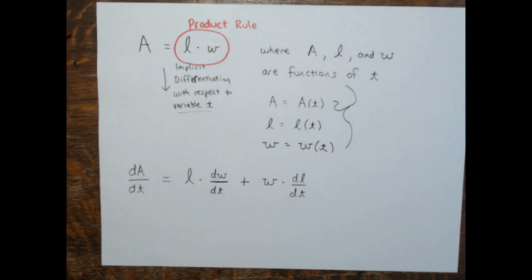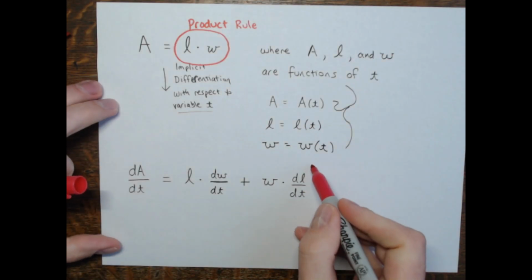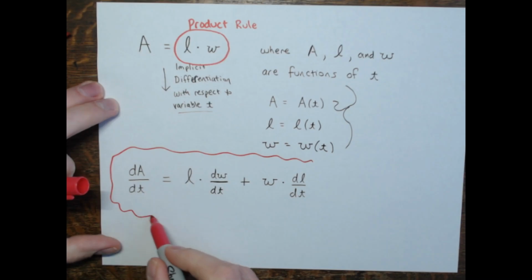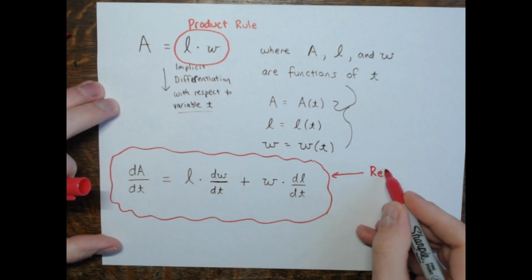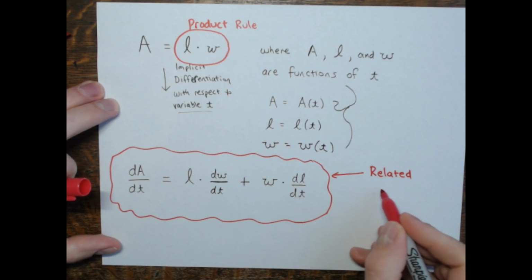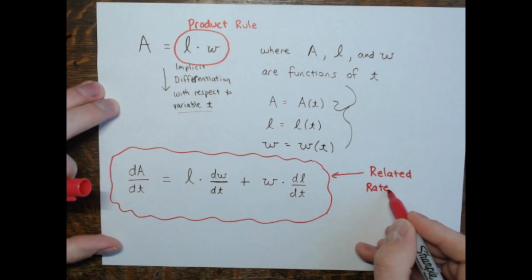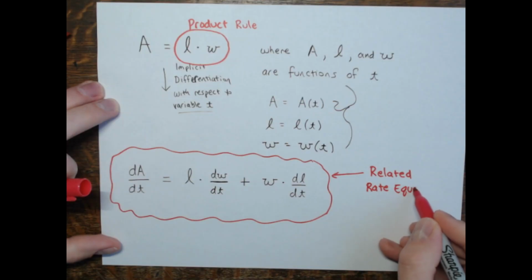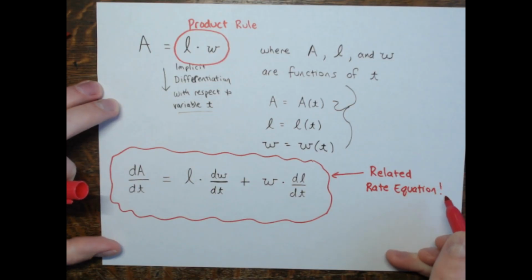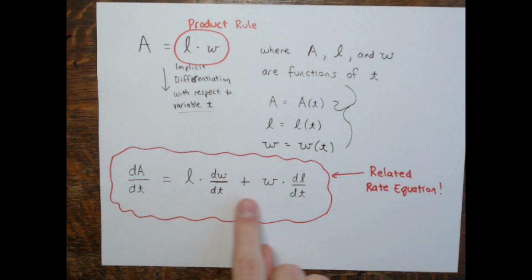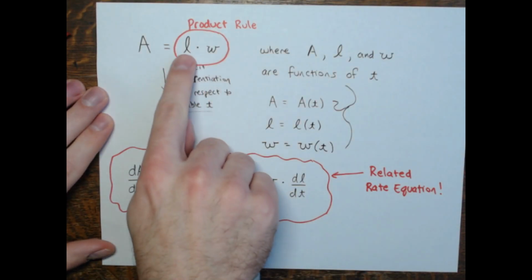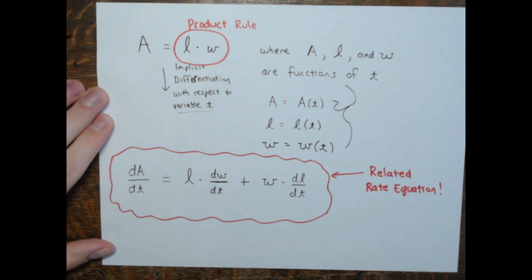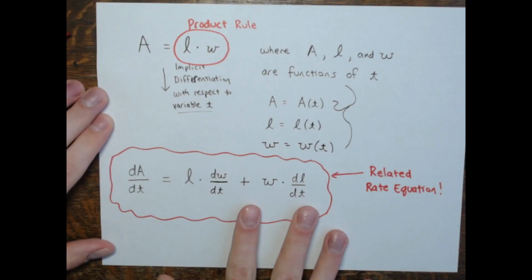Okay, so this thing here that I just wrote out is what they're going to refer to as a related rate equation. Because it's an equation that shows you how the rates of change of these quantities that depend on t are related at any given moment, right?